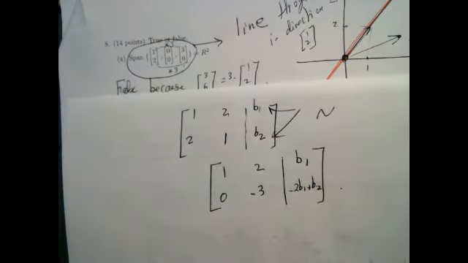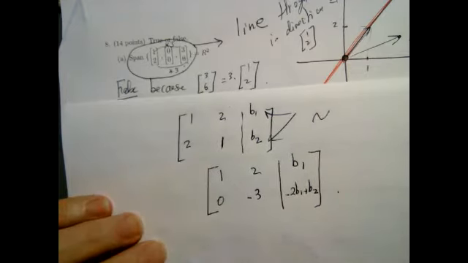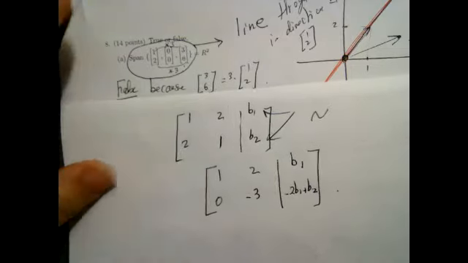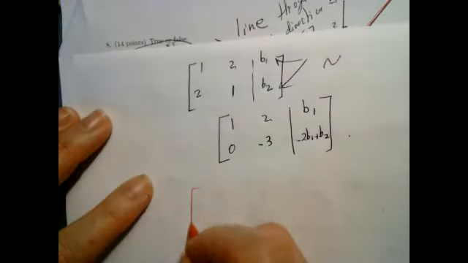Another question to you. Do we always have a solution regardless of what B1 and B2 is? Or are there vectors where we have inconsistency? What can you say? Let me rephrase this question.